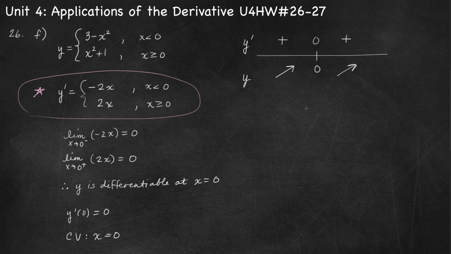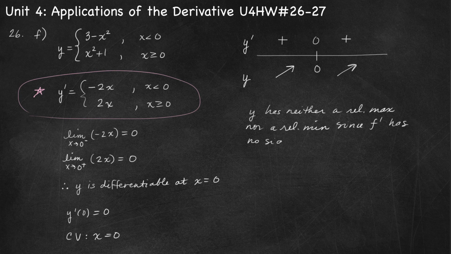So we do not have a relative max or a relative min for this problem. Y has neither a relative max nor a relative min since y prime has no sign change.